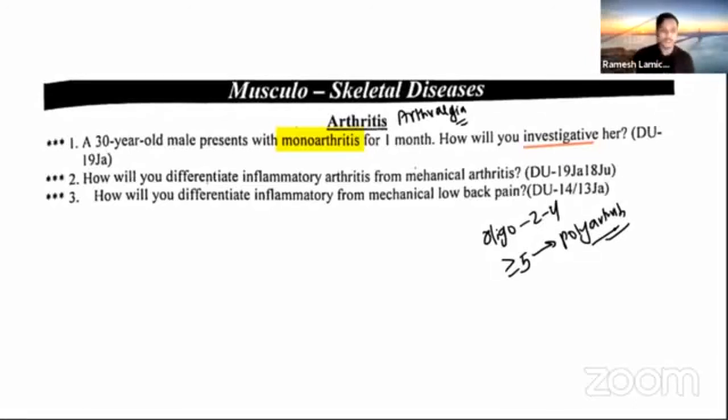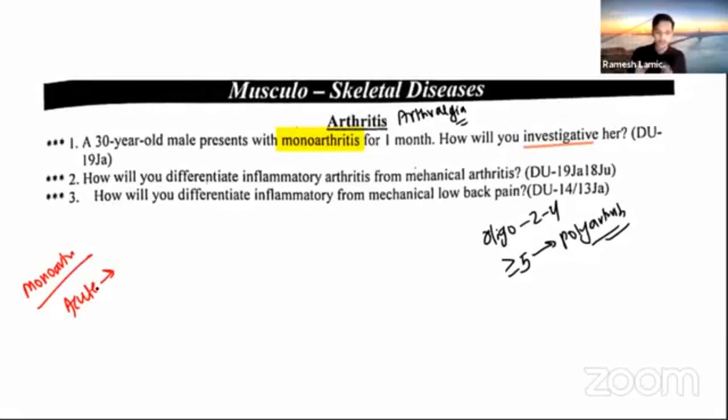Here the question asks about a 30-year-old male presenting with monoarthritis. So we have a differential diagnosis for monoarthritis. Monoarthritis means involvement of one joint, like if the patient presents with knee joint pain.